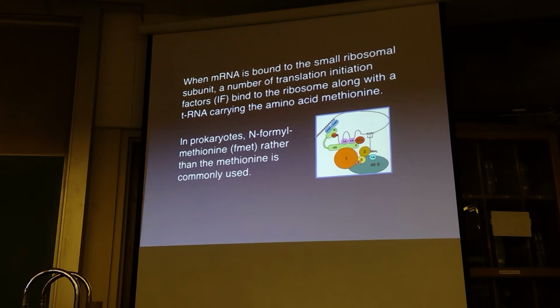Methionine is carried down by a transfer RNA. So that transfer RNA has to have a sequence that's complementary to the codon at that specific location. It's methionine in eukaryotic cells. In prokaryotic cells, it's N-formylmethionine, not to worry about. So AUG is a start codon, just know that it encodes methionine.